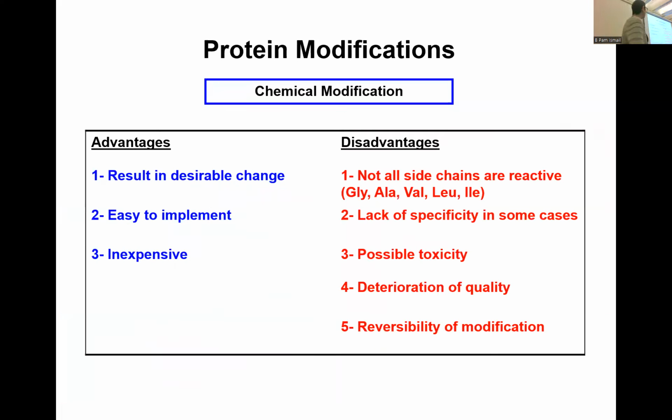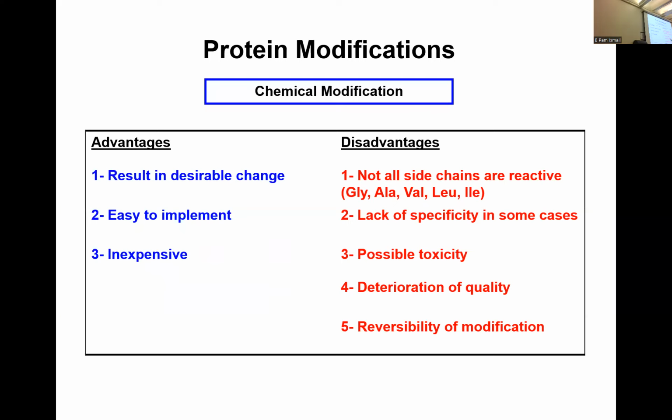So, chemical modification has the advantage that it will give you a desired outcome. It's very easy to implement, it's not expensive, but it has a lot of disadvantages. It's not targeted, so lack of specificity; not all side groups are reactive in chemical modification.